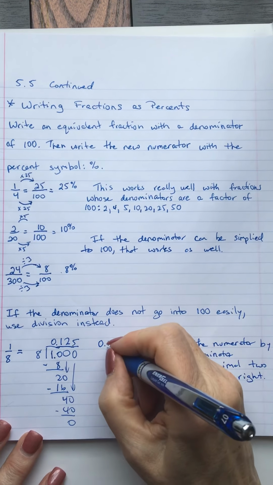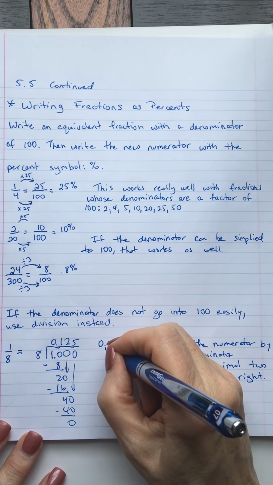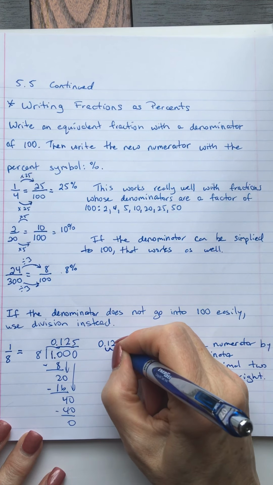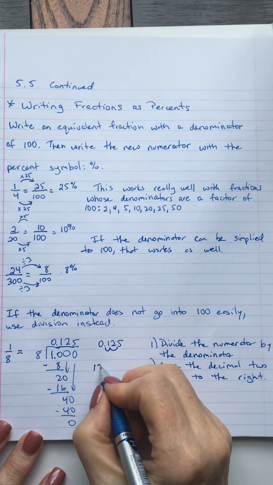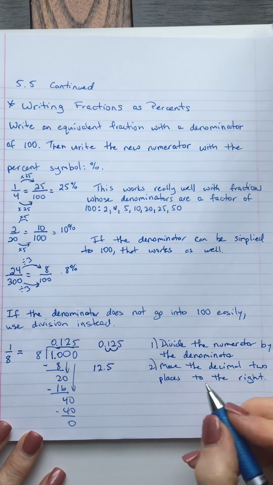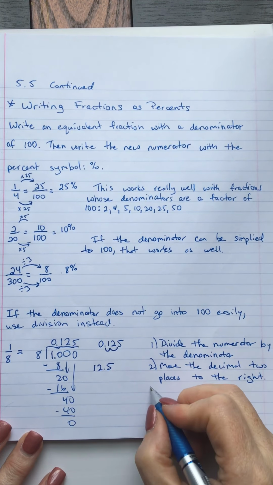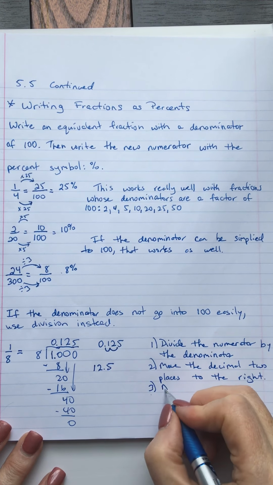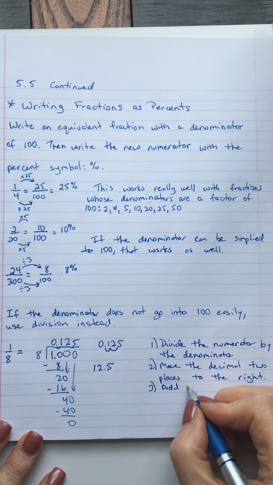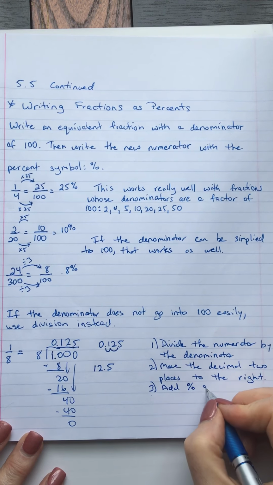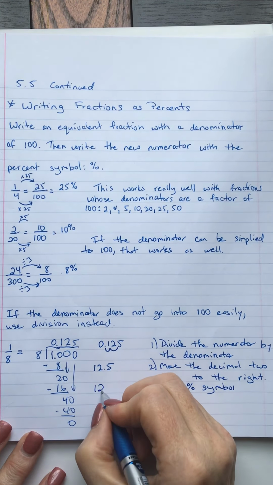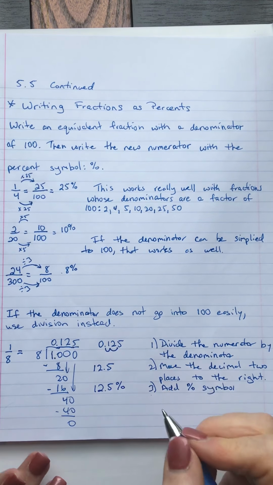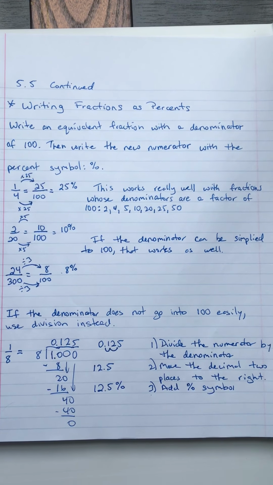Okay, so in this case, we're going to go 1, 2. So it's going to be 12.5. Okay, and then step 3 is add the percent symbol. So you get 12.5%. And that's it. Next, we're going to do the RPJ page.